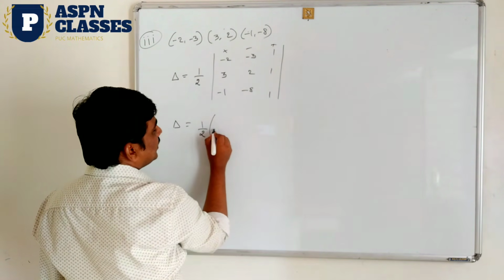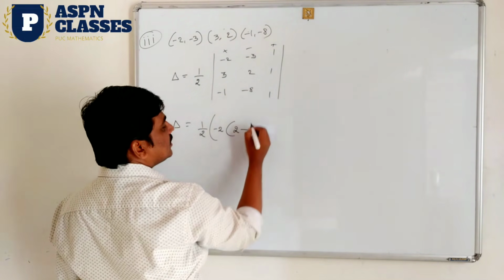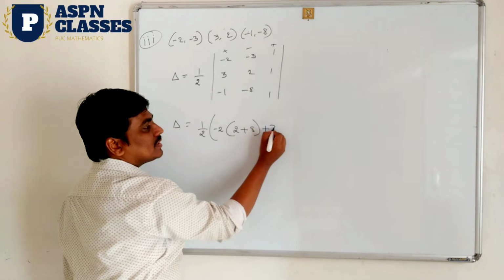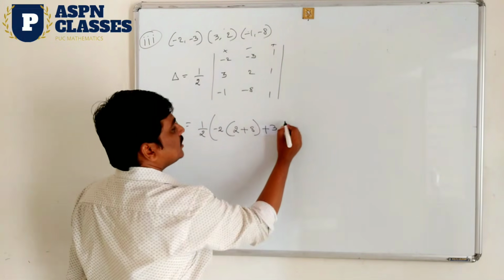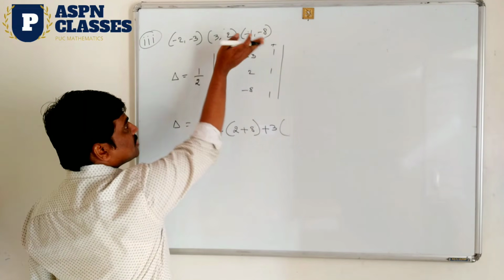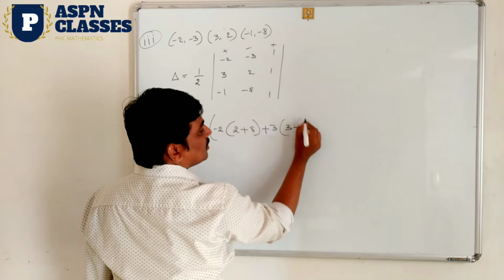First row first column cancelled, the 2 you write here with minus 2. So 2 into 1 is 2, minus minus 8 is plus 8. Next minus, this minus plus 3 is the answer. The middle column and the first row get cancelled. 3 into 1 is 3, minus minus minus plus 1.